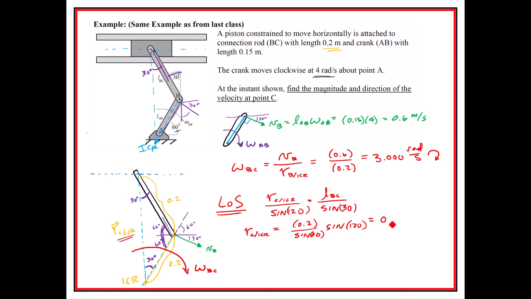And we end up equaling 0.3464 meters. And so if you want to find the velocity of C, that's going to be R C with respect to ICR, that's what we just found, times omega BC, which ends up equaling 0.3464 times our 3 radians per second.